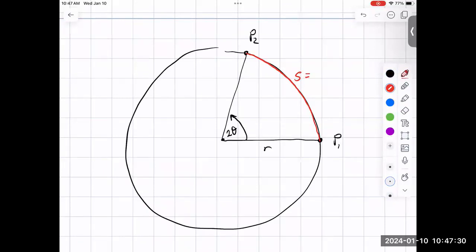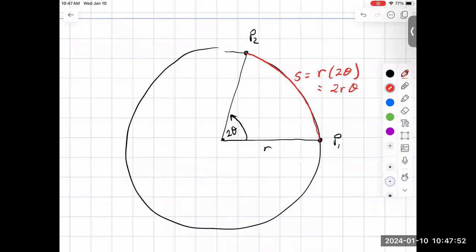Okay, so if our radius is r and our angular displacement is 2 theta, what's the length of this arc? It's r times what? 2 theta, exactly. Or it's 2r times theta in this case.